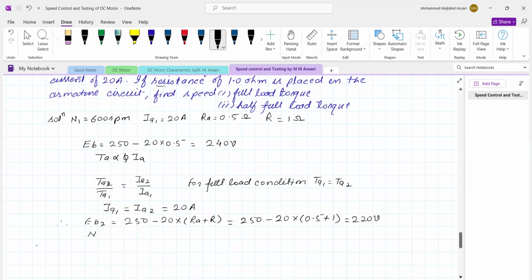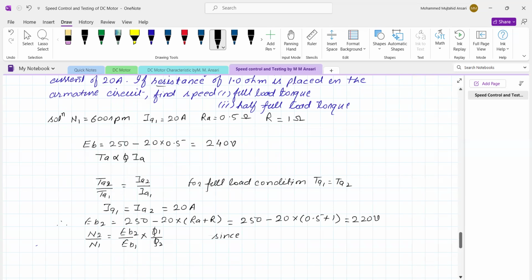Now N2 upon N1 is equal to EB2 upon EB1 into phi 1 upon phi 2.